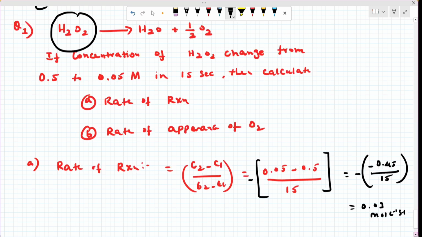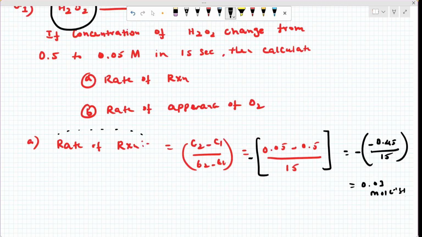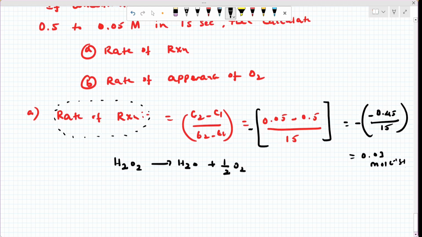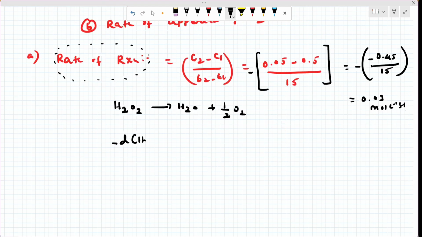Now what is the rate of appearance of O2? Listen, generally the rate of reaction is for the reactant. Our reactant is H2O2, and its rate is 0.03 from the question. Now write the relation between H2O2 and O2: H2O2 gives H2O plus half O2. Minus d[H2O2] by dt equals plus 2 into d[O2] by dt. In the exam they only ask O2, therefore I omit H2O.